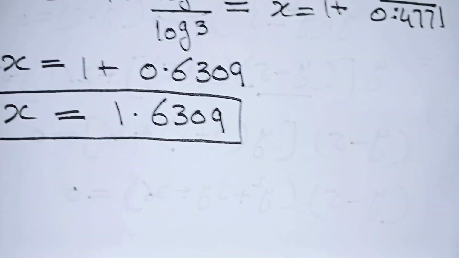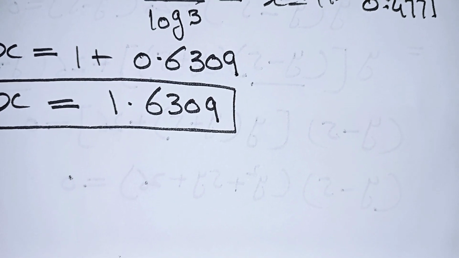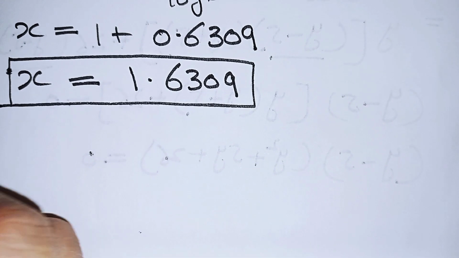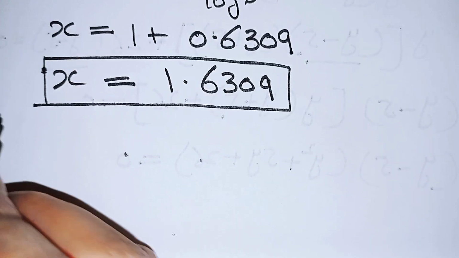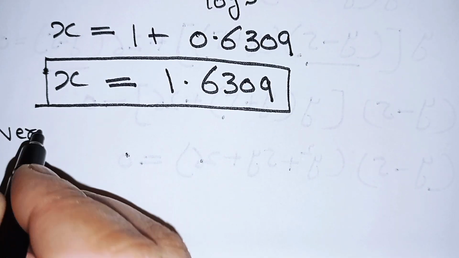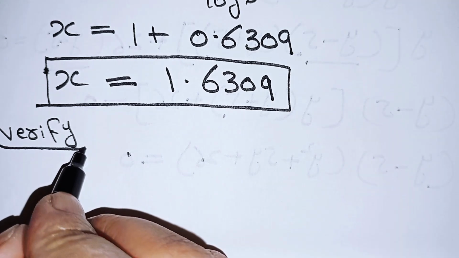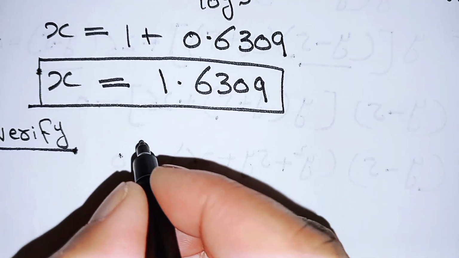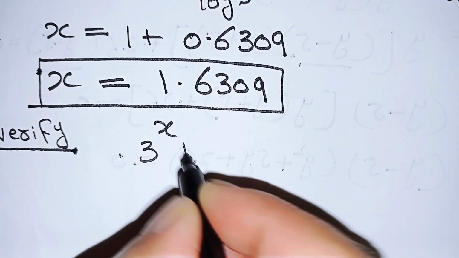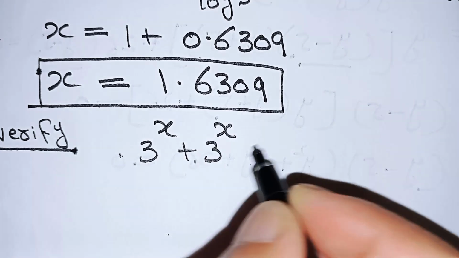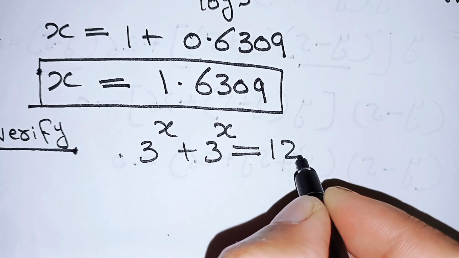So here we verify them. We put in the equation 3 to the power of x plus 3 to the power of x is equal to 12.